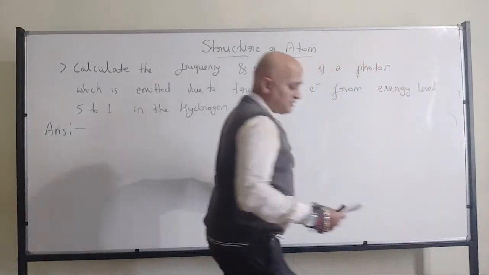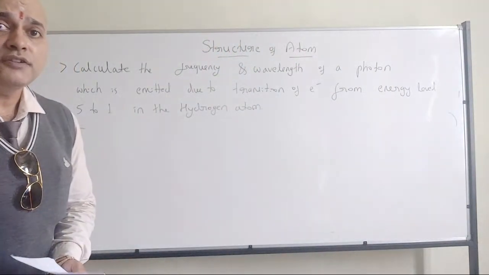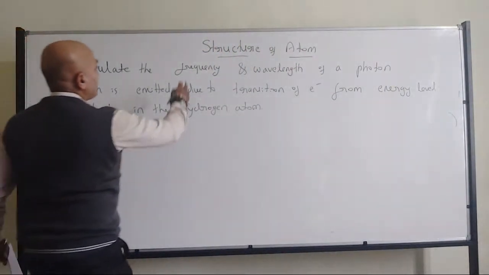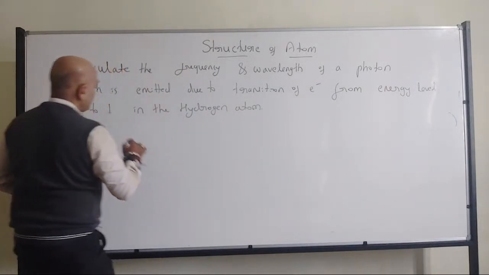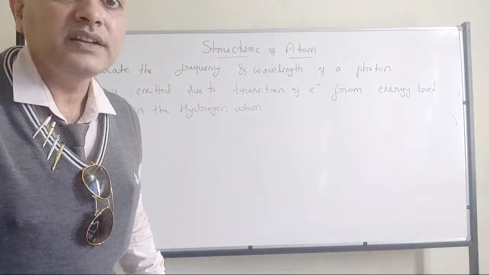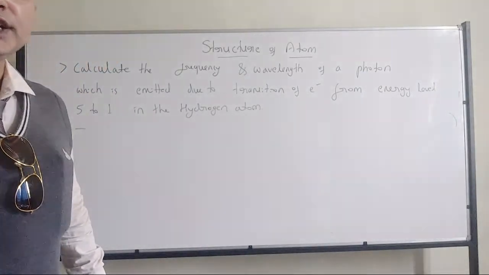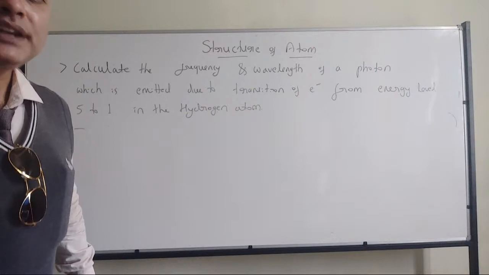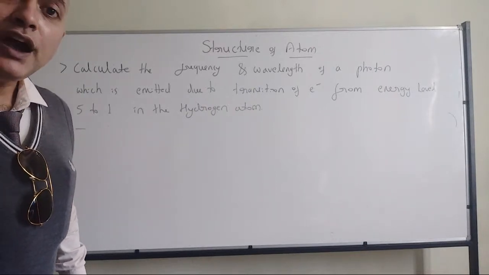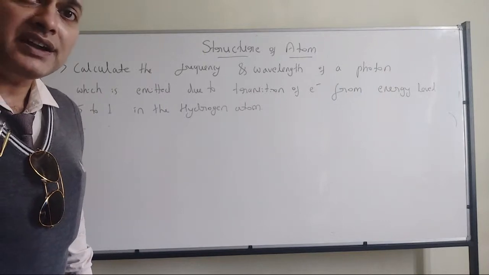Okay, so next one. What we have to find? We have to find the frequency. Which equation we are going to use? Anyone? We have found energy of that particular emitted radiation. Now we have to find frequency and wavelength. So first we will find the frequency.